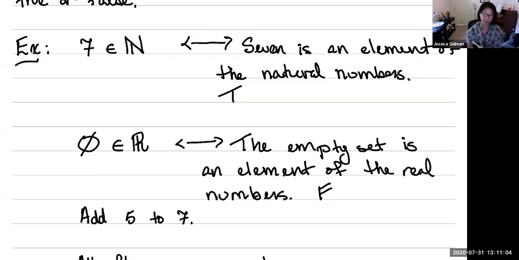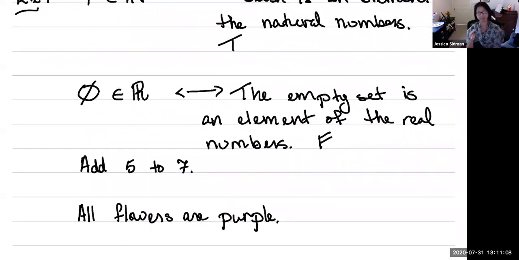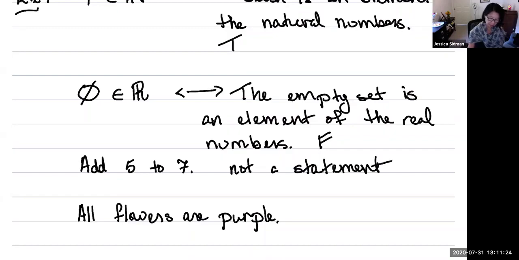What about this? The next thing is a sentence. Add 5 to 7. Right? It's a command, though. It's not a statement that can be true or false. You're telling someone to do something. So this is not a statement. And here's another sentence.